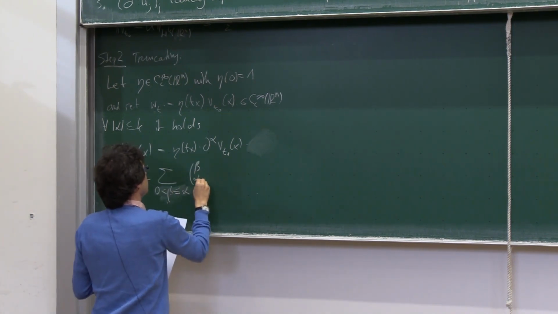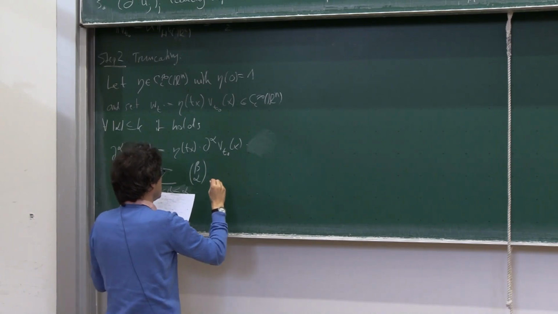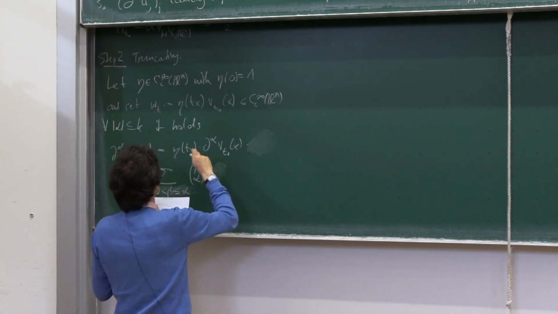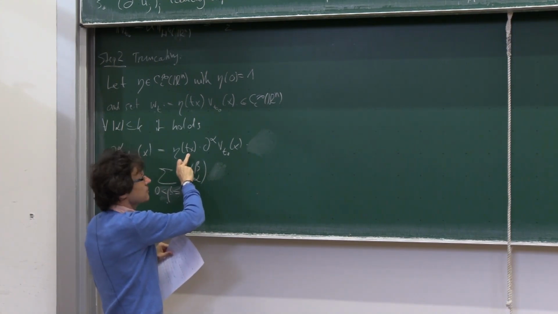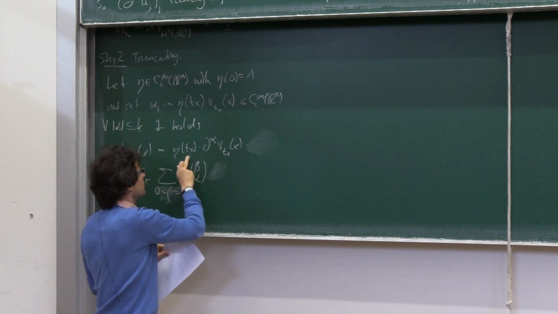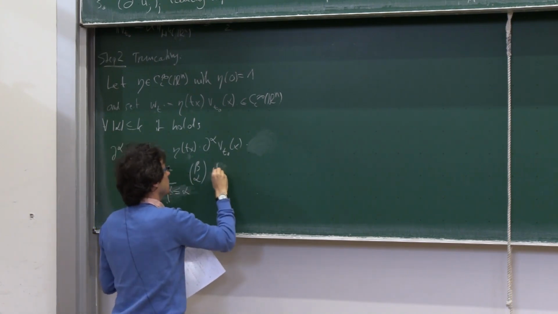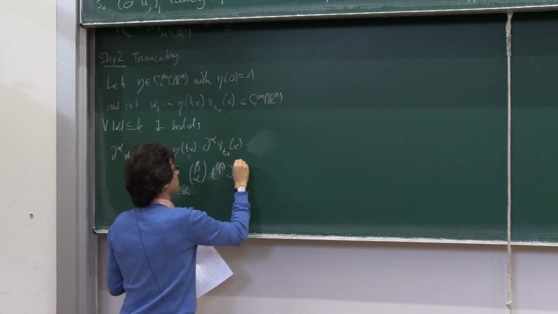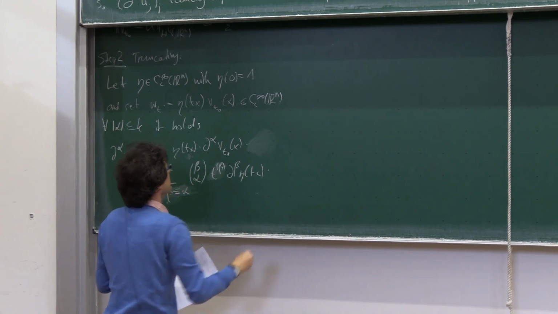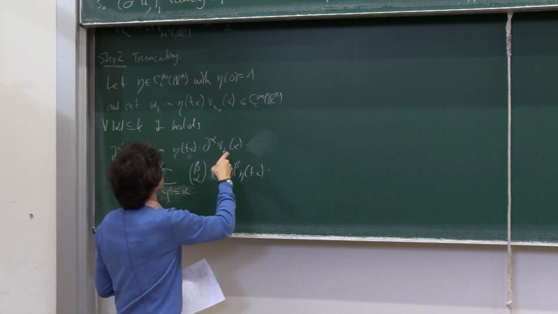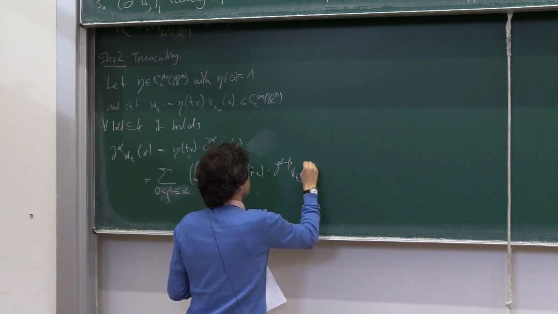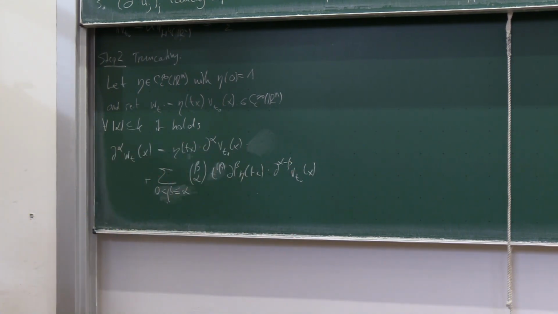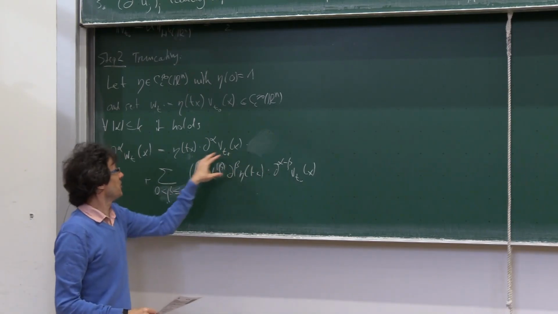Then you get the usual Leibniz rule, so alpha over beta, and then you have a beta derivative of this one, and the beta derivative of this one gives you a t to the modulus of beta, because at every derivative a t is coming out, times the beta derivative of eta, and you have an alpha minus beta derivative here, so d alpha minus beta Vt0 of x. So this is the general Leibniz rule, what you get, and it's not of big importance how this looks like.